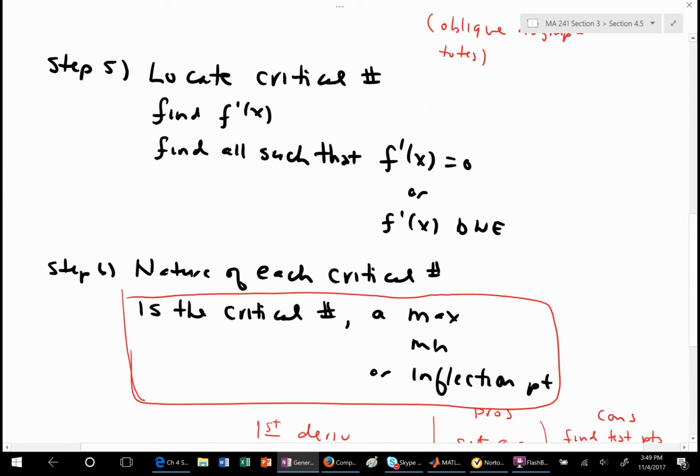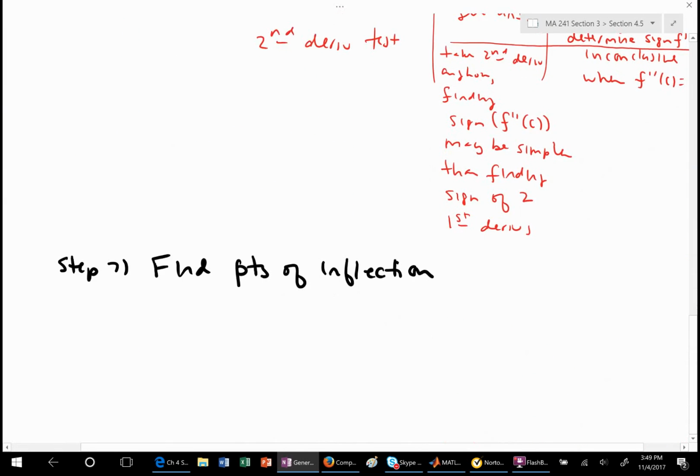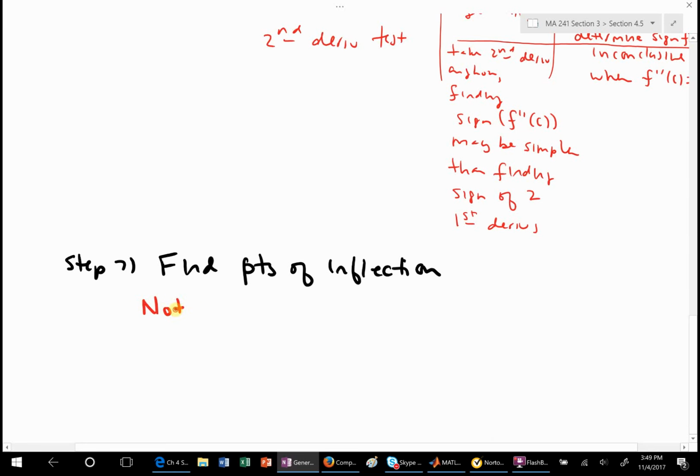I want to emphasize this. Not all points of inflection are critical numbers.